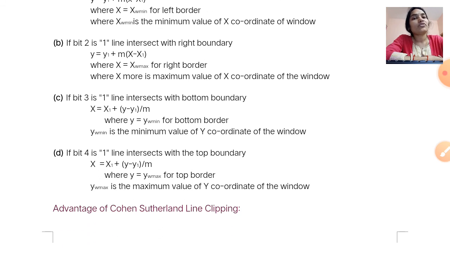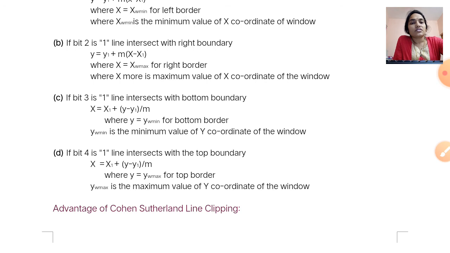If bit 4 is 1, then the line intersects with the top boundary: x equals x1 plus y minus y1 by m, where y equals y max for the top border. So this is your Cohen-Sutherland line clipping algorithm.